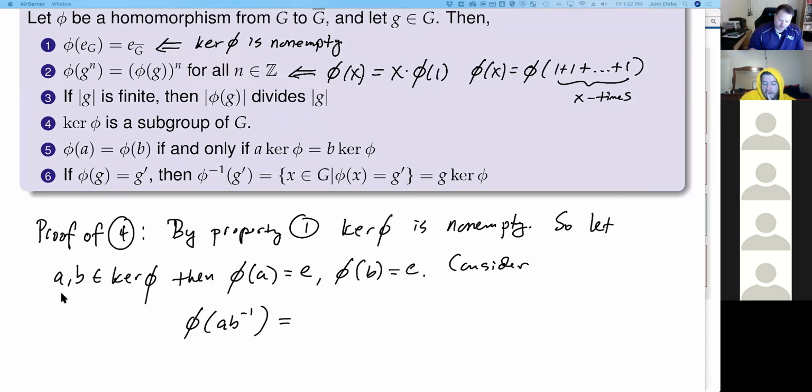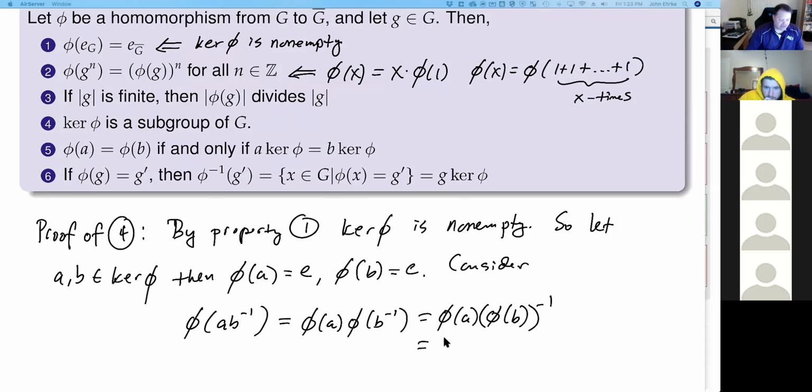So phi of AB inverse, because phi is a homomorphism, it preserves the operation. So this is phi of A, phi of B inverse. But by property 2, phi of B inverse is phi of B quantity inverse. So this would be phi of A, phi of B inverse. Both phi of A and phi of B, by being in the kernel, map to the identity.